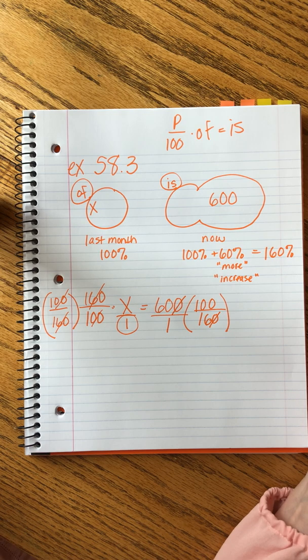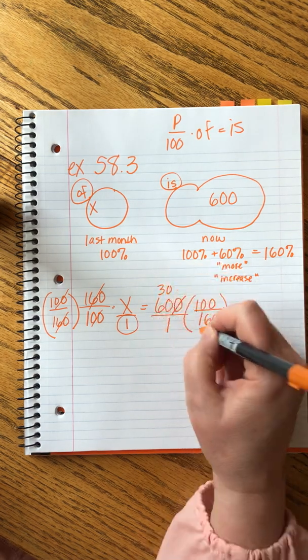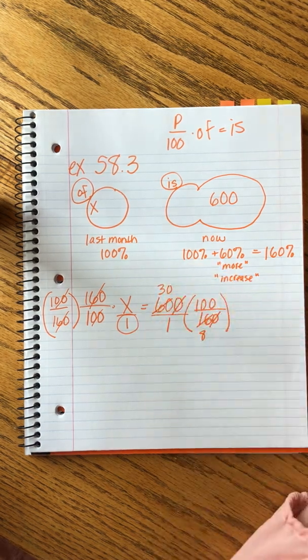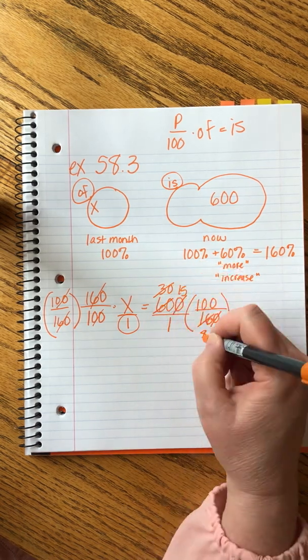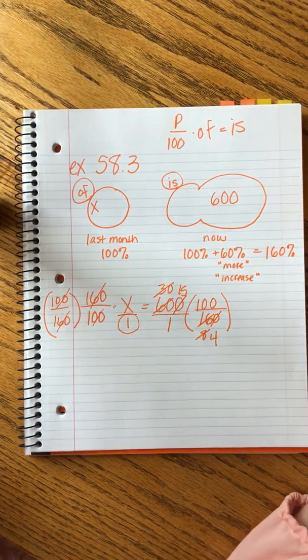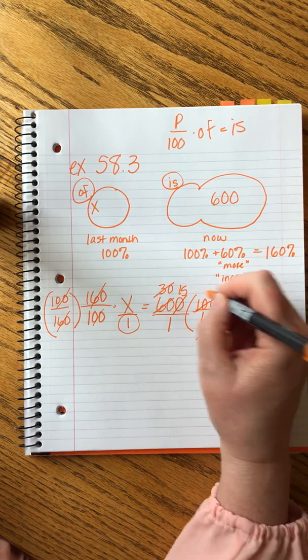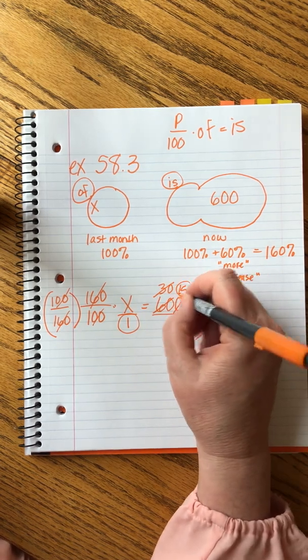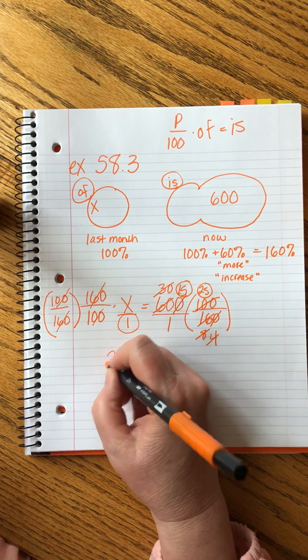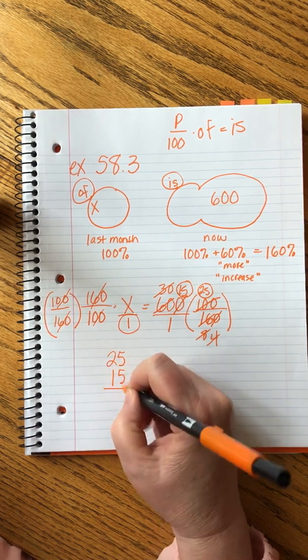This doesn't seem to be, I could do 30 and 8, right? I could make them both even numbers. I could do 15 and 4, and then I could do 4 into 100 goes 25 times. Do you see how I'm just canceling as best I can? And then I can multiply 25 times this.